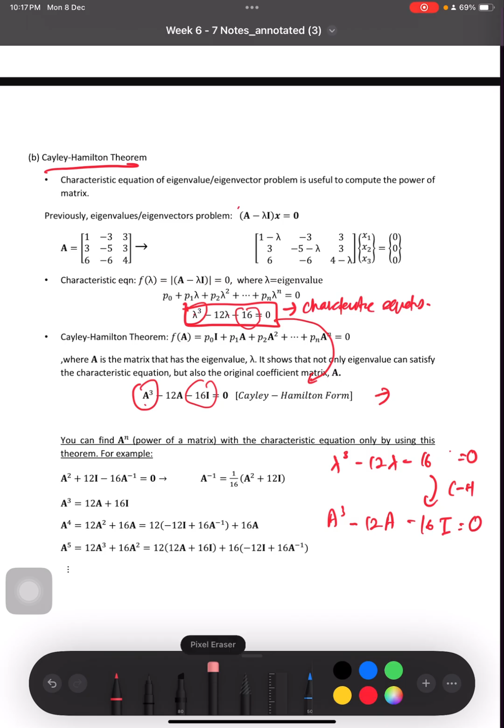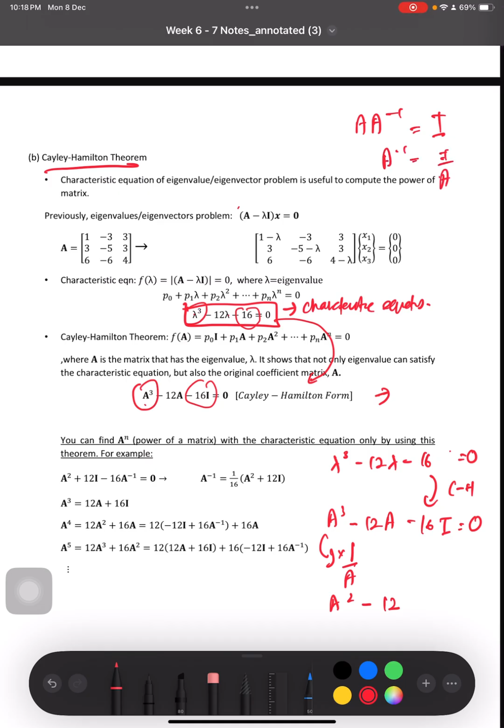Now after you get this, you can multiply with 1 over A. A cubed divided by A, you get A squared. This one you get A. And A multiplied with A inverse, you get I. Then I divided by A gives you A inverse.